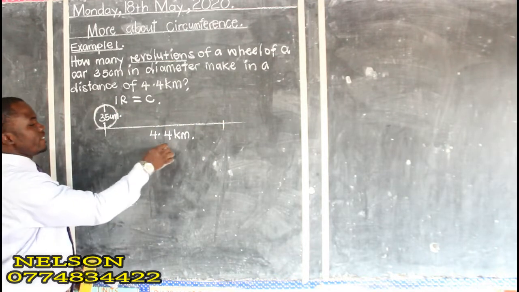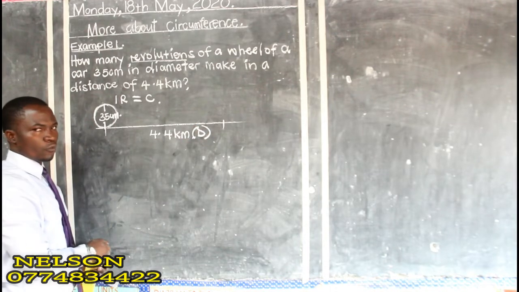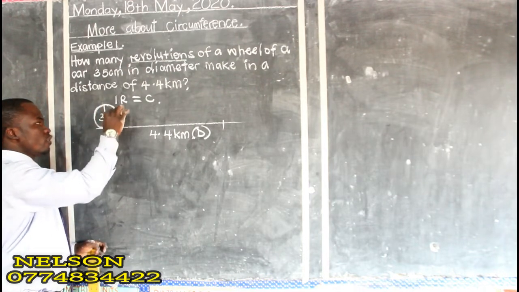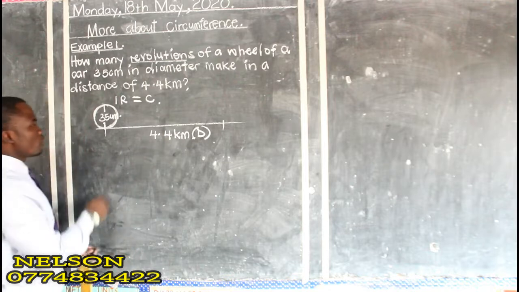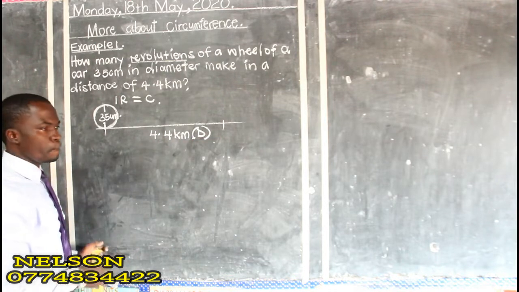divide the distance, 4.4 kilometers, by the circumference of this wheel to get the number of revolutions from one point to this point, making a distance of 4.4 kilometers.